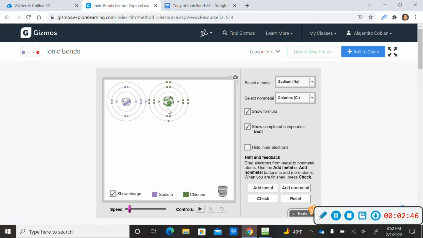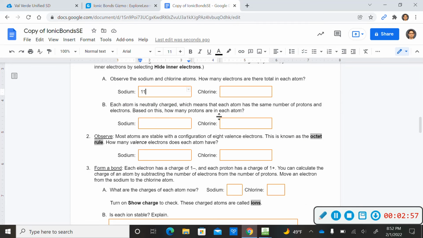Chlorine, on the other hand, has 2, 1, 2, 4, 6, 8, 10, 12, 14, 16, 17 electrons. Now in our previous unit we did discuss that for protons and electrons, if we have a neutral atom where it is not charged, the protons equal the number of electrons, so sodium has 11 and chlorine has 17.